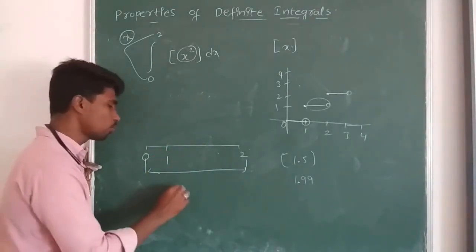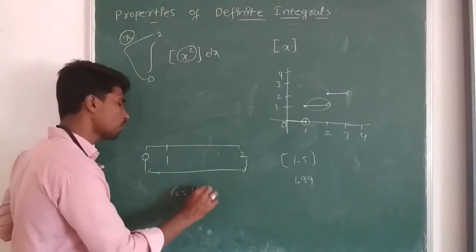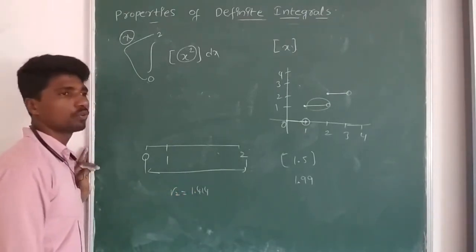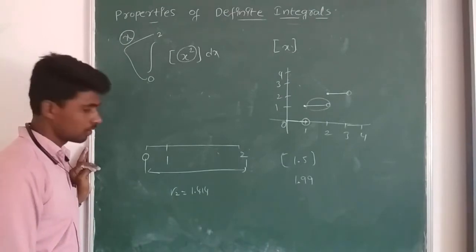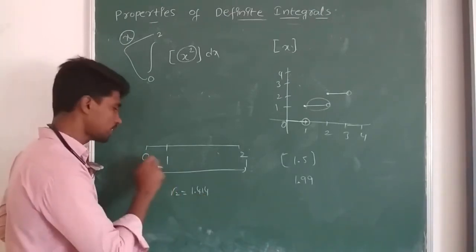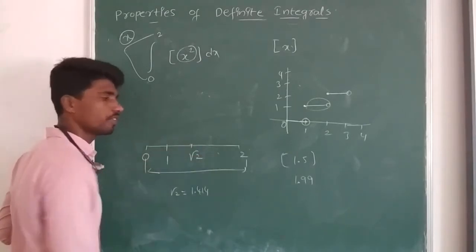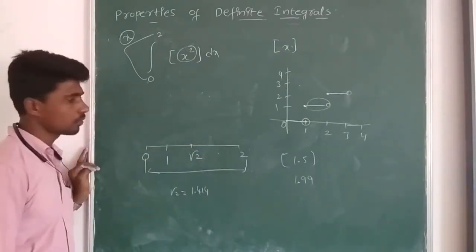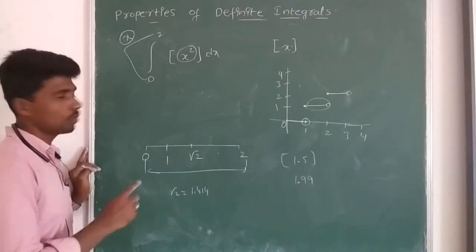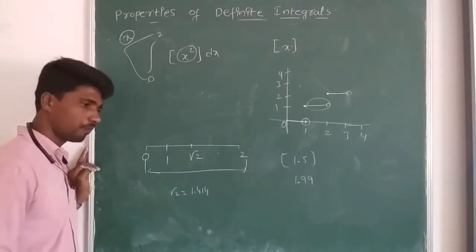Now if I take root 2, the value of root 2 is 1.414, which lies between 1 and 2. So definitely x square will be equal to 2. It is an integer, so it acts as a point of discontinuity. Next, root 3.